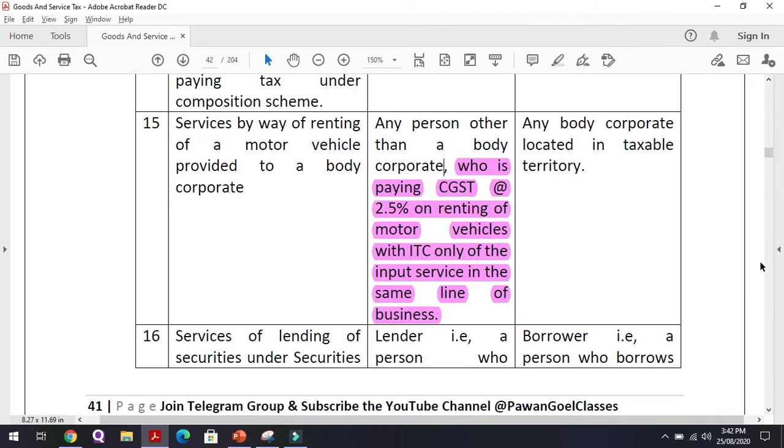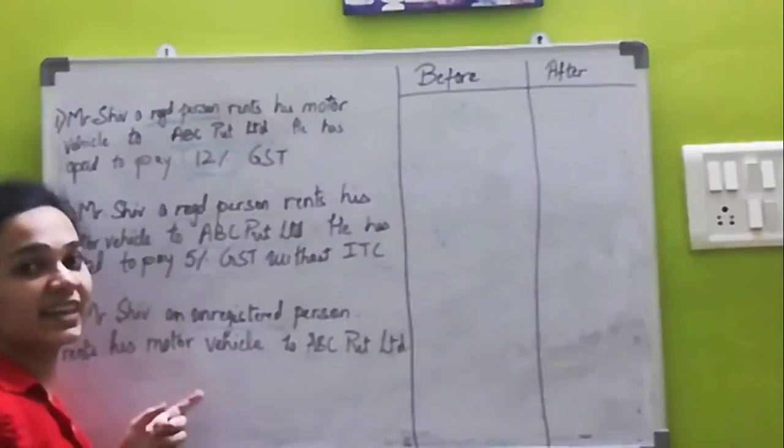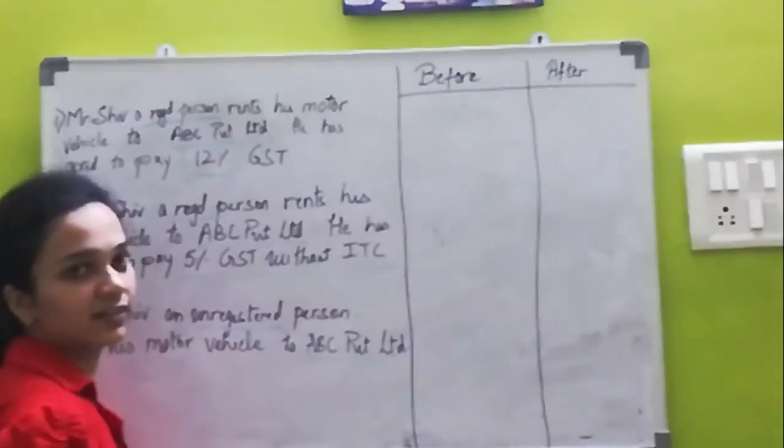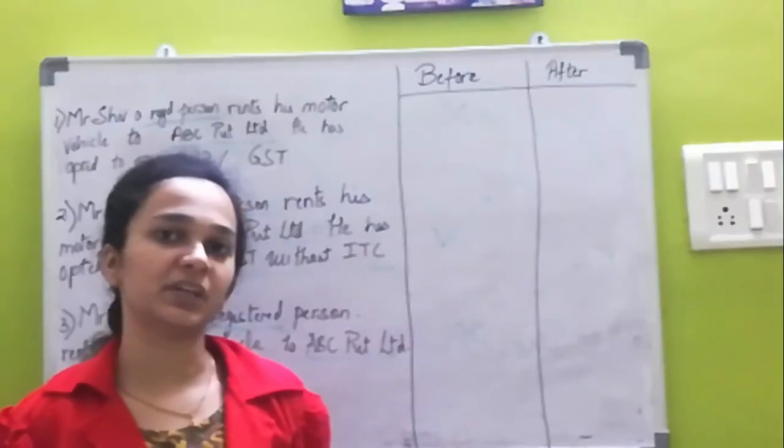Understand, there was no intention of removing this particular type of service from the ambit of reverse charge, and that is the reason why this amendment has come in. So looking at the old scenario, this third case will not be covered under reverse charge mechanism and the body corporate will not have to pay any tax.